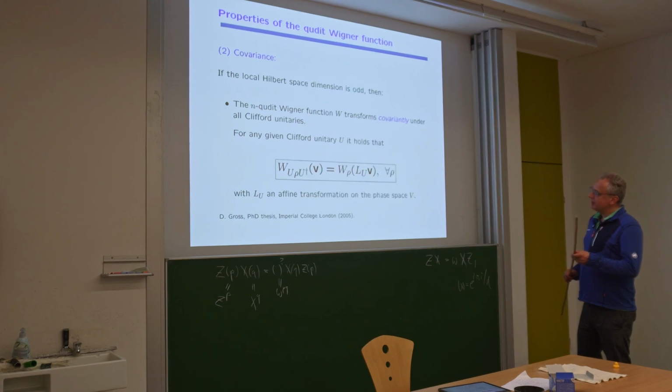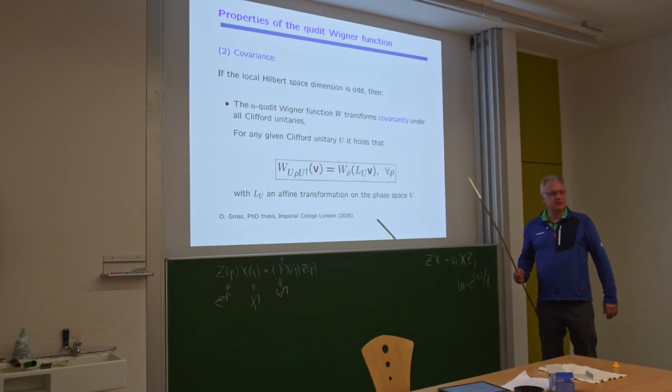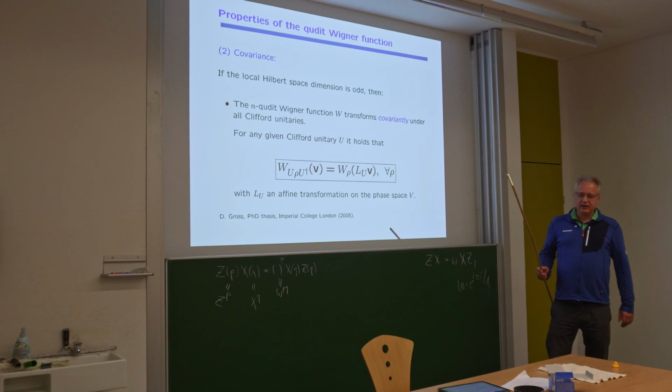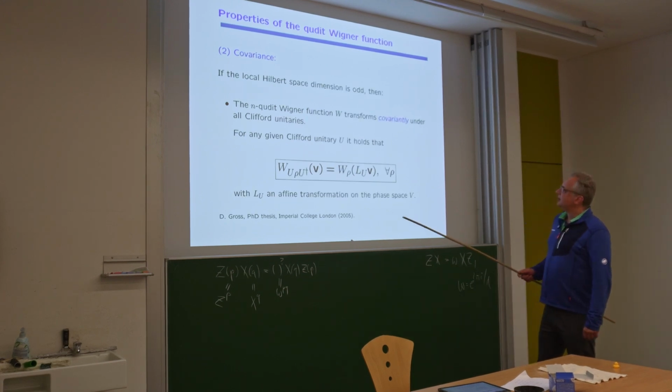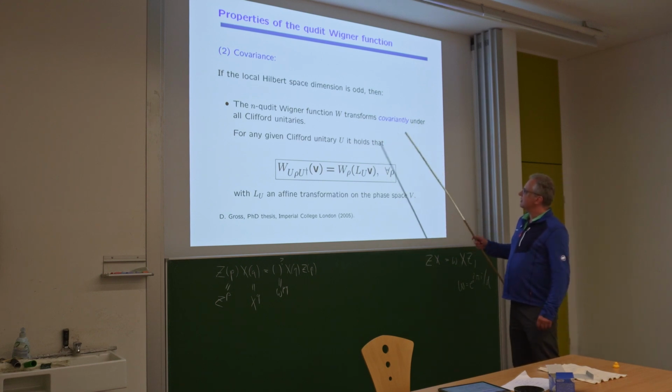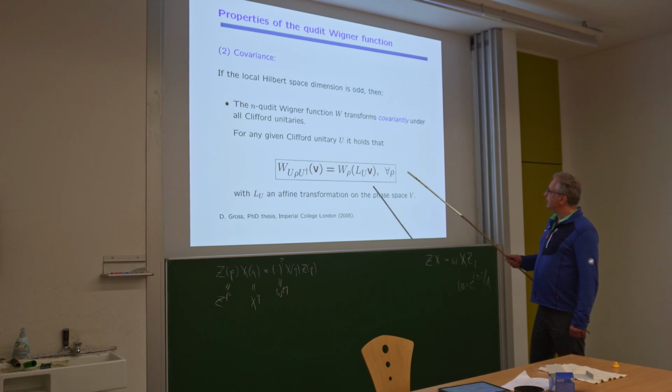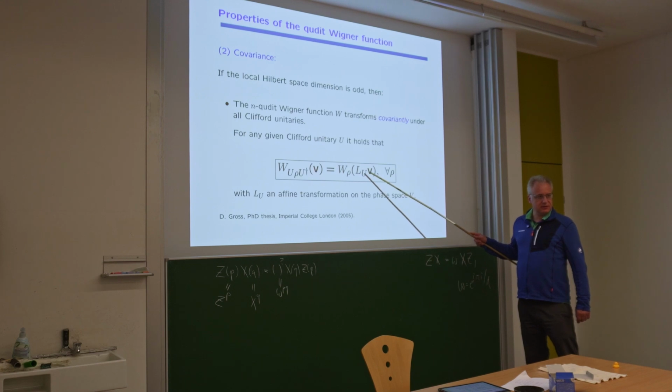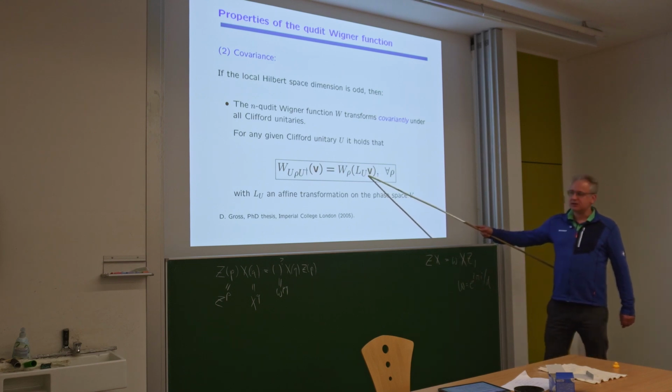And so now these Clifford operators, for the Wigner function we have defined, do a particular thing. And that property is called covariance. So the Wigner functions are transformed covariantly under the Clifford operations. That's the word, and that's the equation. So we have to unpack this equation.